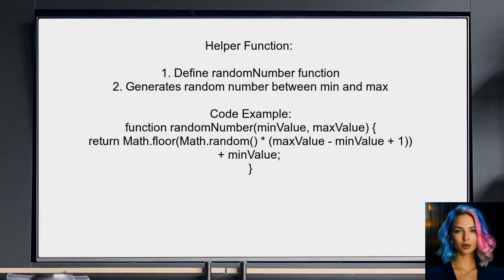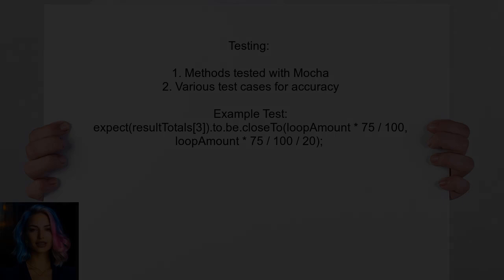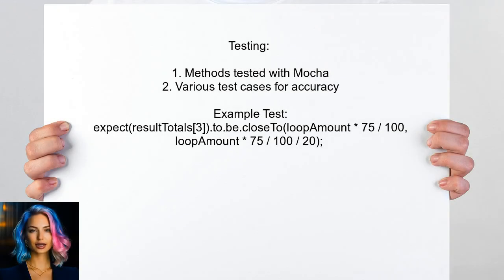The user also includes a helper function called randomNumber, which generates a random number between a specified minimum and maximum. This is used to determine if the output should be true or false. Additionally, the user mentions that these methods have been thoroughly tested with various cases using Mocha, ensuring their reliability.